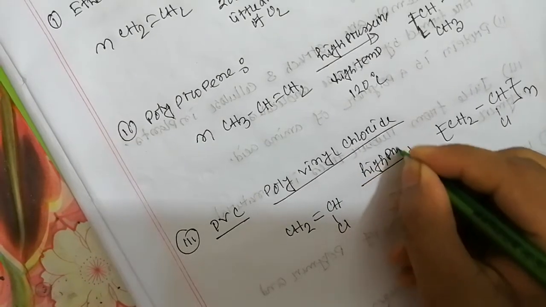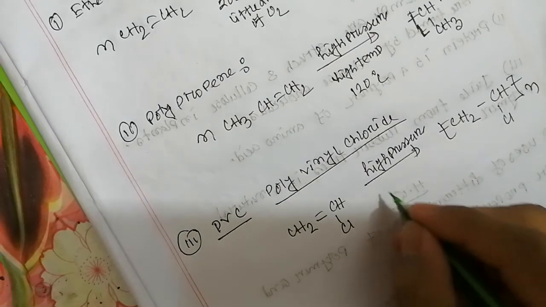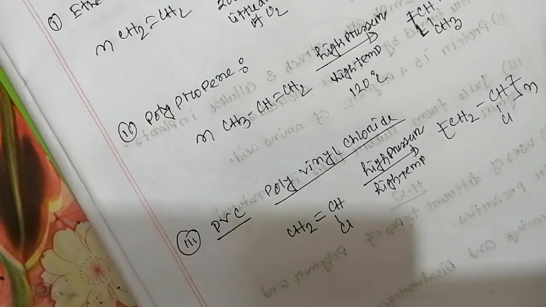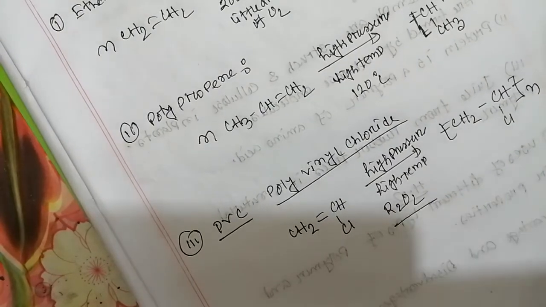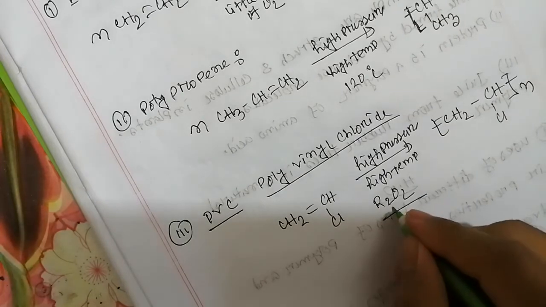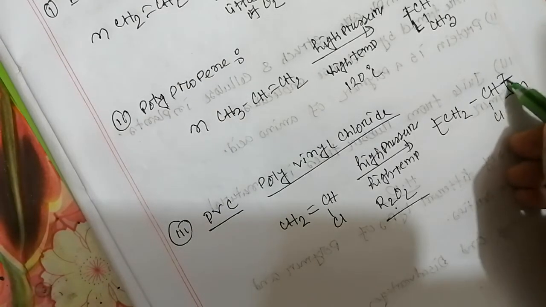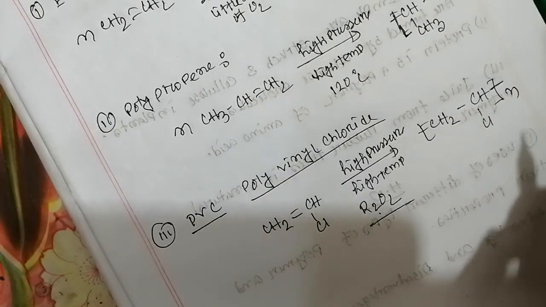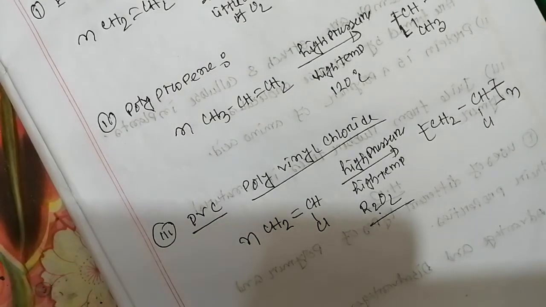High pressure and high temperature, and a catalyst is needed for this reaction, an organic peroxide. R2O2 can be an organic peroxide. This bond shows that it will attach with another vinyl chloride to form a polymer. Here n molecules of vinyl chloride are used for this reaction.